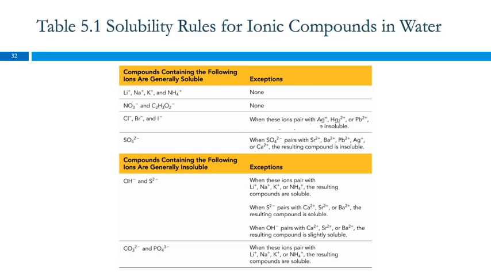So get rid of those words. Except if you've got silver, mercury 1, or lead. And I won't try to trick you with mercury 2 versus mercury 1, so you can just remember mercury. You see mercury with chloride, insoluble. I won't try to trick you.